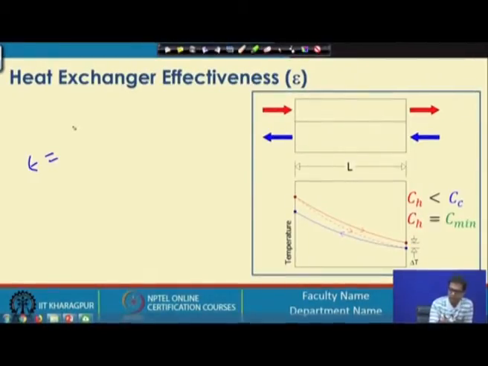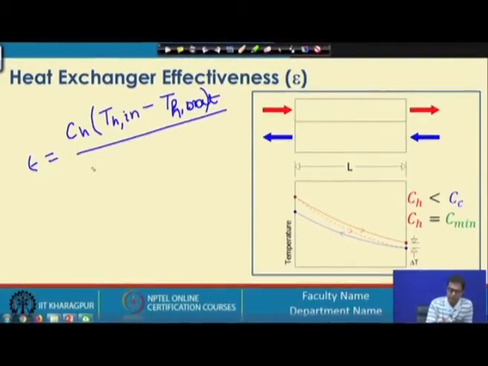In terms of C H, it will be C H multiplied by T H in minus T H out, divided by, what is the minimum capacity fluid?